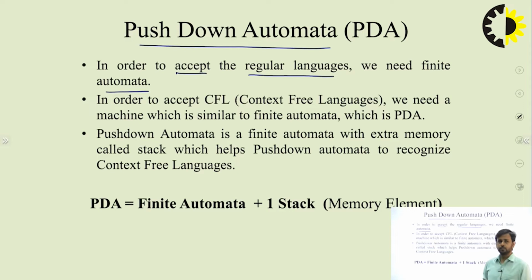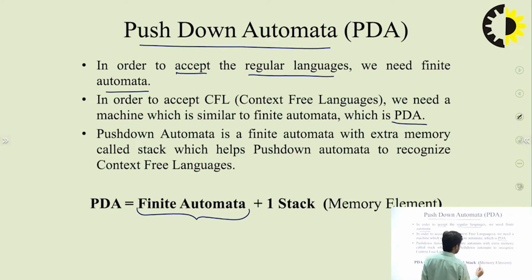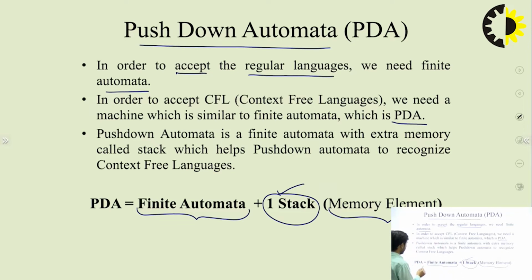So to accept the CFL, we require one more machine, almost similar to finite automata. That machine is PDA. PDA is equivalent to finite automata plus one memory element, that is one stack. One stack is added, and that finite automata becomes the PDA.